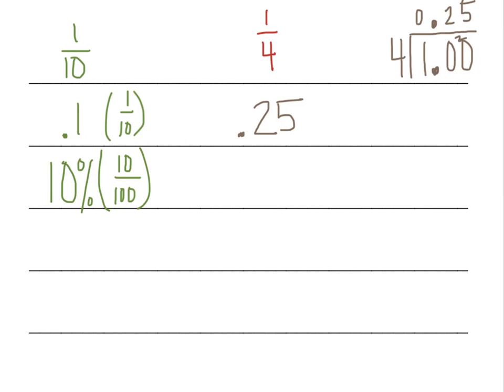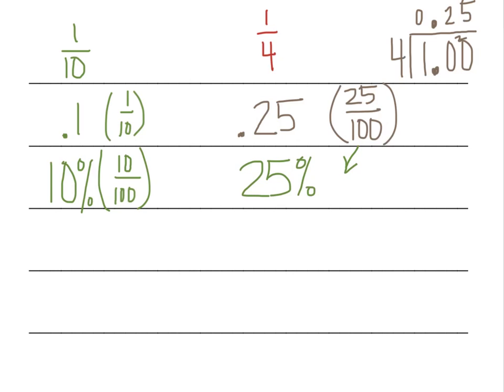0.25, which this time, if you read it, it's 25 hundredths. That second place value means hundredths. So then I know that to get to my percent, well, that's easy because I already have 2 decimal places. I'm already out of 100, so it would be 25%. So just be aware that you can do a division problem if you don't have it memorized, remember 4 goes into 1.